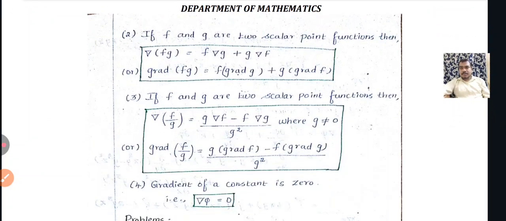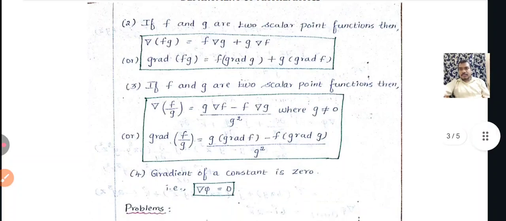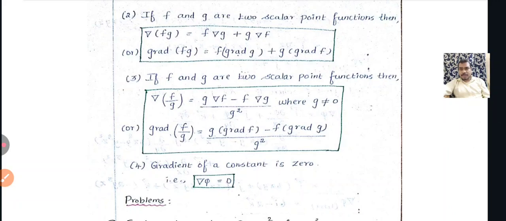The second property: del of f g is equivalent to f into del g plus g into del f, that is gradient of f into g is equivalent to f into gradient of g plus g into grad f. The third property: del of f divided by g is equivalent to g into del f minus f into del g divided by g square, where g is not equal to 0.